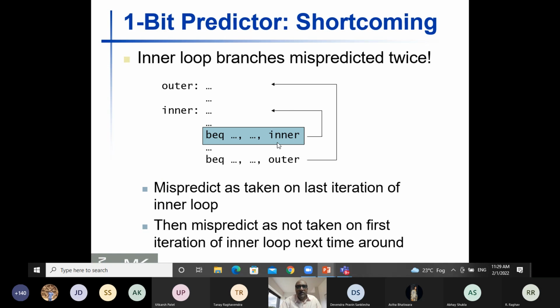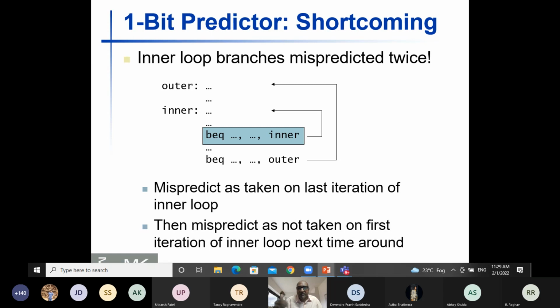Now if you look at it, using a simple 1-bit buffer for predicting branches, suppose you have a loop, and the loop decision is carried out at the end of the loop. That means you have a sequence of instructions, then at the end you check whether the loop variable reaches the target value or not. Suppose you have 10 iterations.